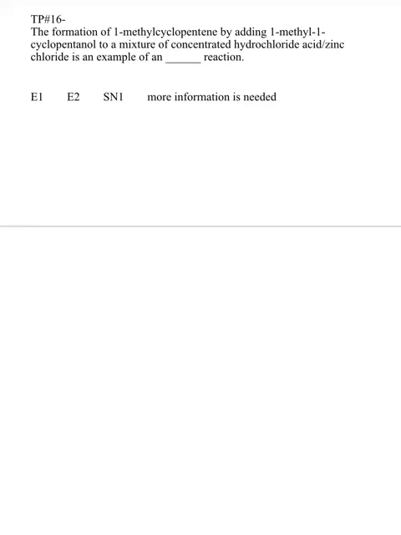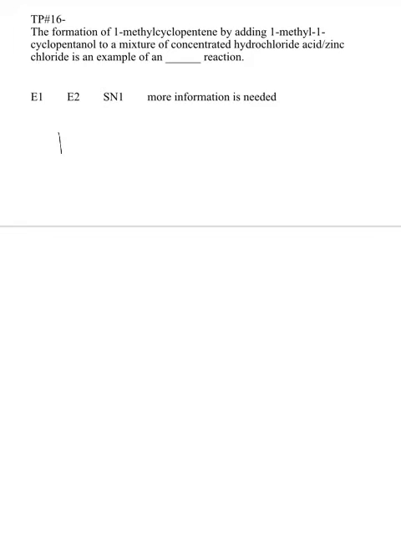Okay, the formation of 1-methylcyclopentene by adding 1-methylcyclopentanol to a mixture of concentrated hydrochloric acid and zinc chloride is an example of a blank reaction. Alright, well, I don't know about you, but I kind of have to draw these out.